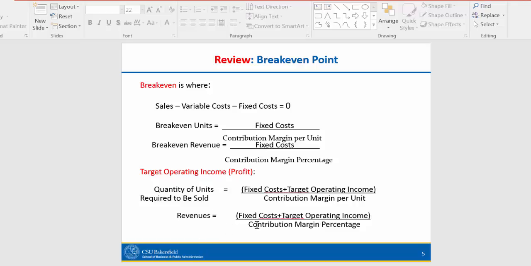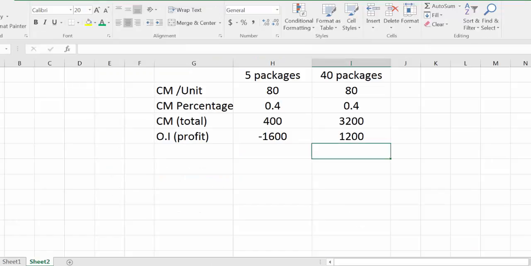You have to know the contribution margin percentage, which is 40%, and the fixed cost, which is 2,000. If you know the target operating income, you can use this formula and finish the calculation to find the target revenue.